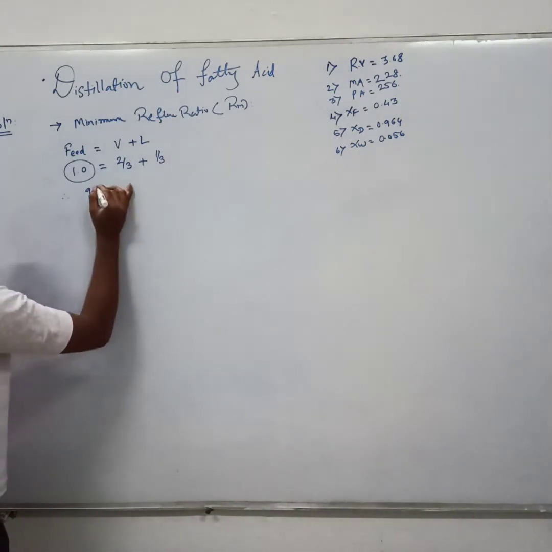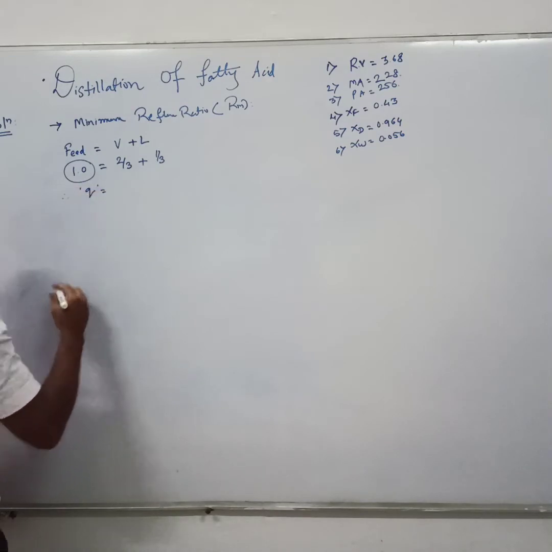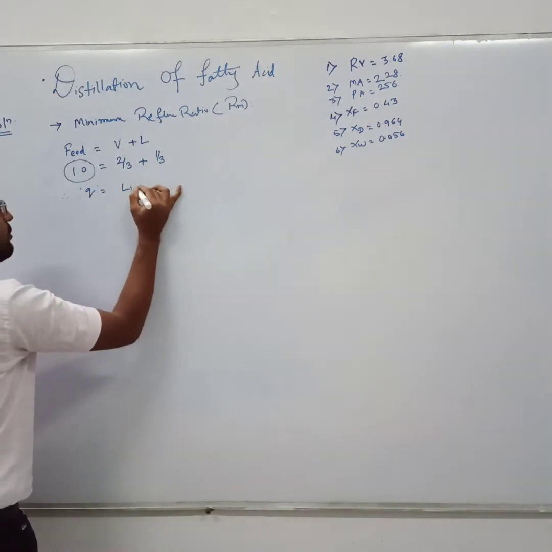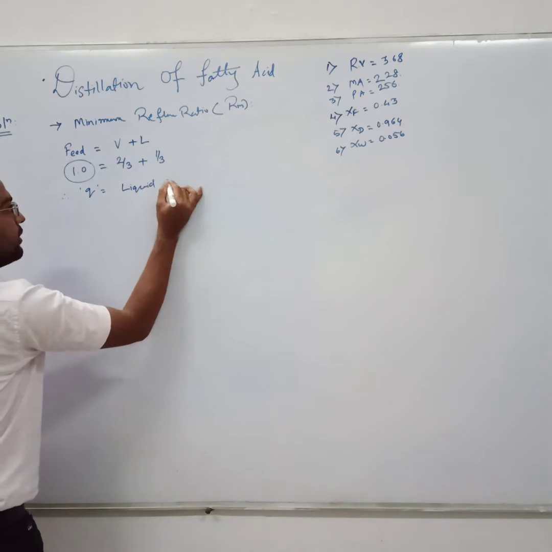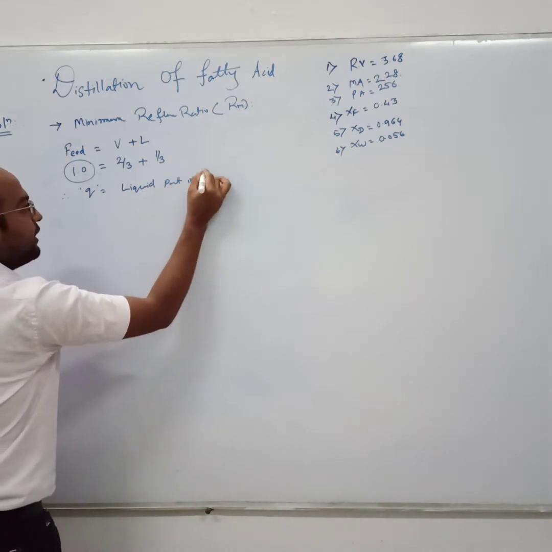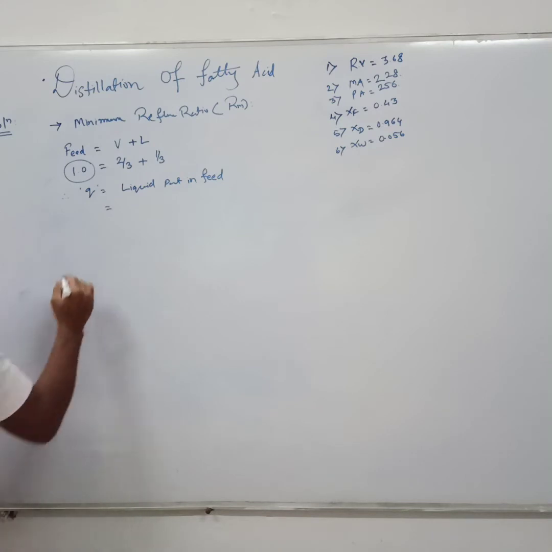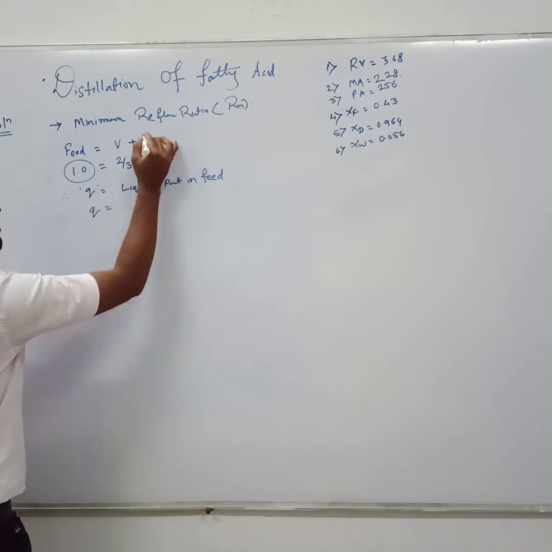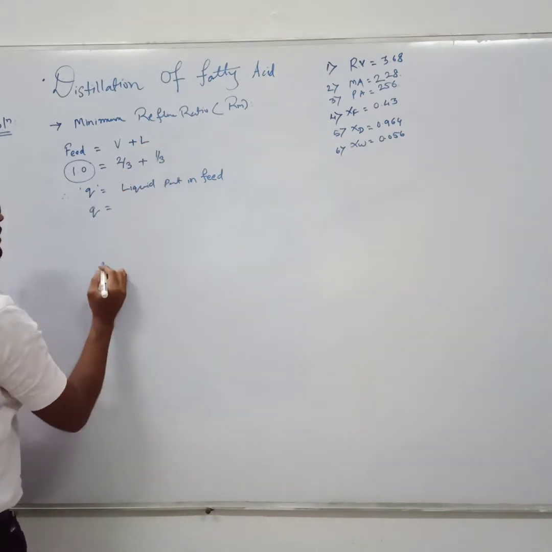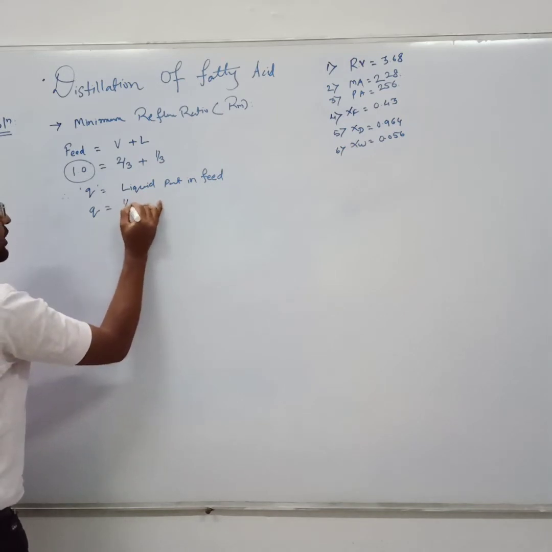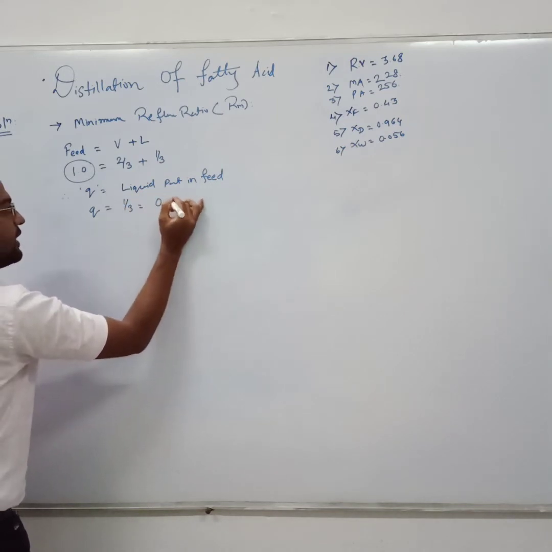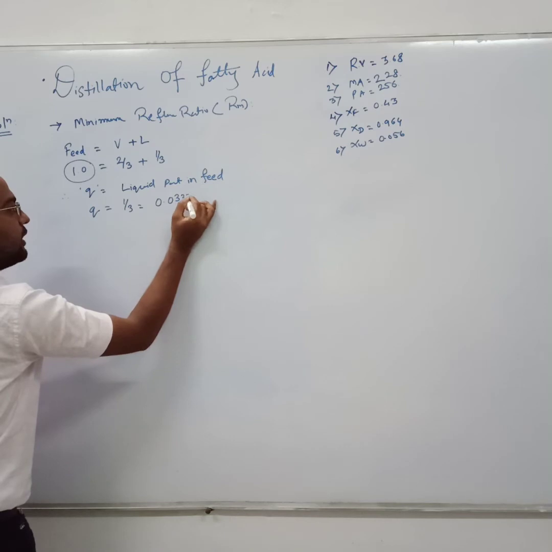What does small q stand for? The liquid part in the feed is denoted by small q. So how can we find the value of q? Q is directly found using this value, 1/3. We are getting the value of 0.333.